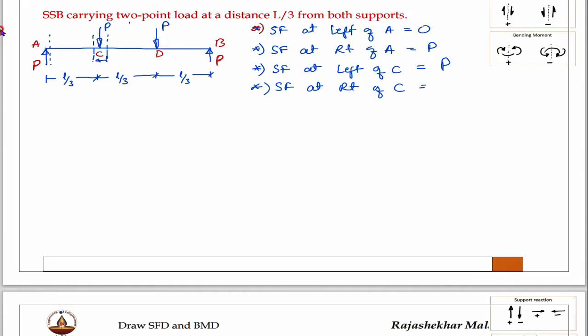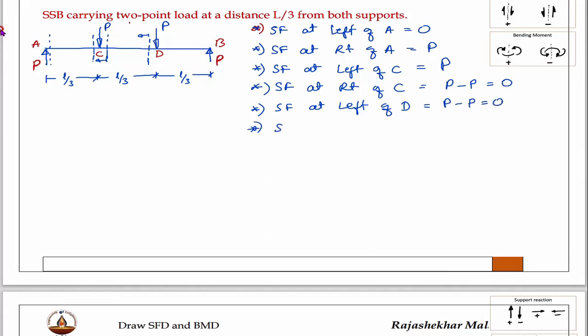Therefore P minus P equal to 0. Now shear force at this side, we will take left of D, but observations will be made on the left side only. Therefore you will get P minus P, 0.